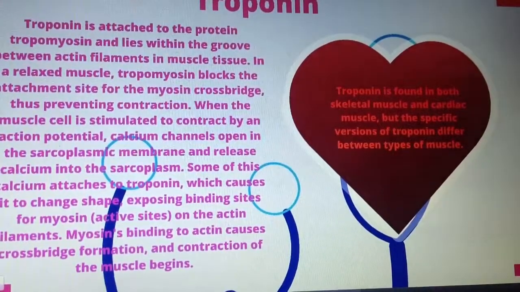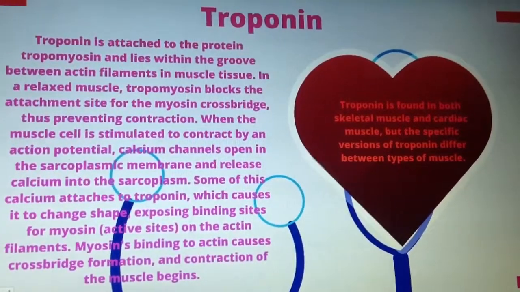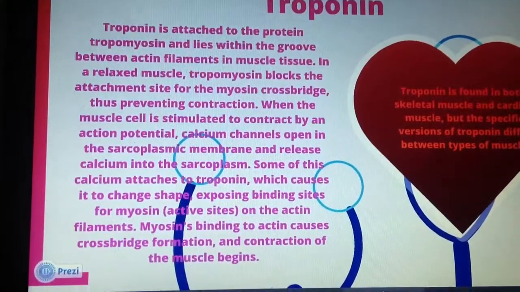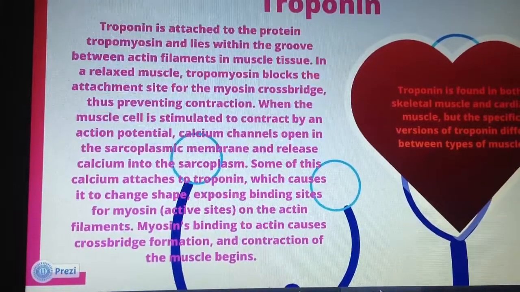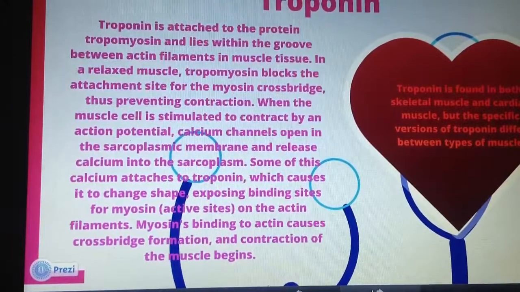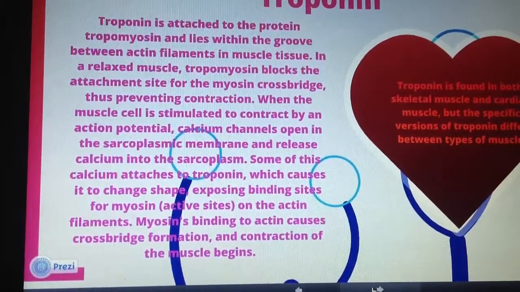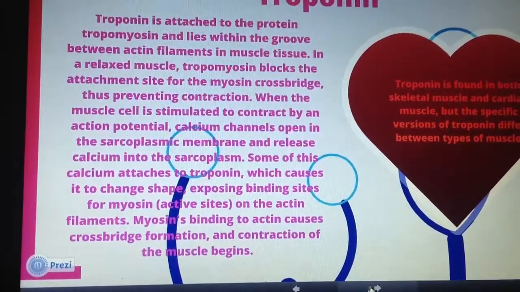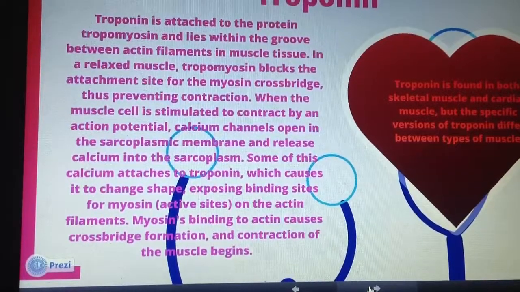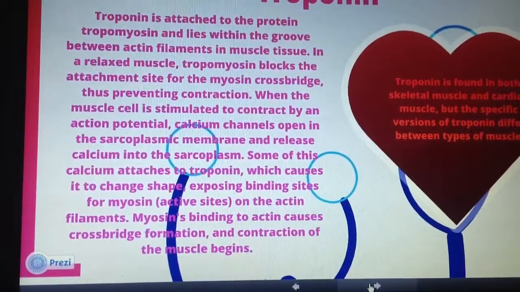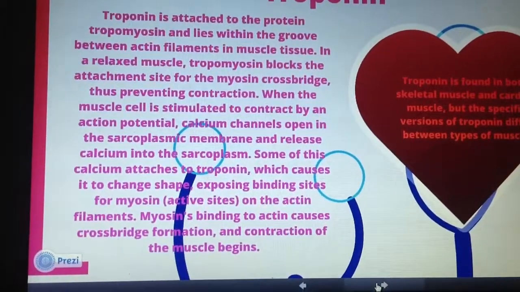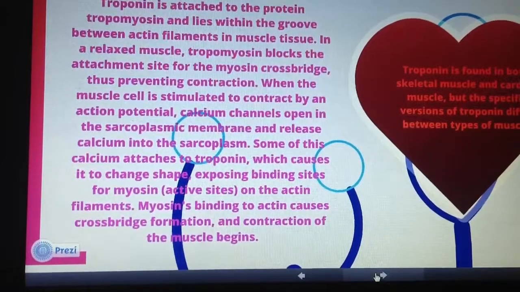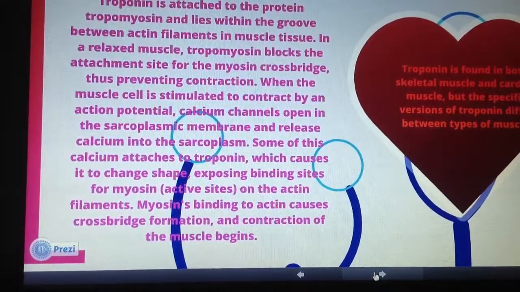Troponin is attached to the protein tropomyosin and within the groove between actin filaments in muscle tissue. In a relaxed muscle, tropomyosin blocks the attachment site for the myosin cross bridge, thus preventing contraction. When the muscle cell is stimulated to contract by an action potential, calcium channels open in the sarcoplasmic membrane and release calcium into the sarcoplasm.